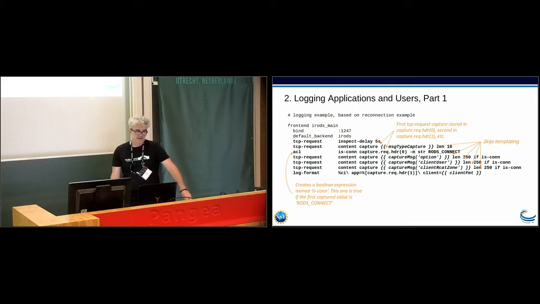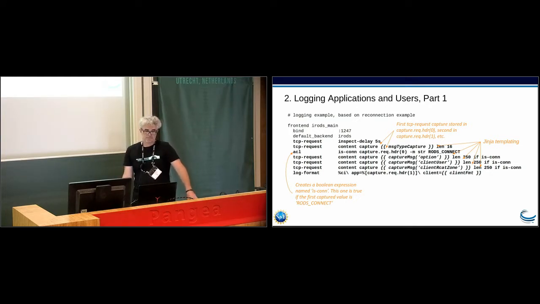So an ACL is a named Boolean expression that you can use to make decisions. This one we have is isCon. Basically, if the first capture contains the string rods connect, it evaluates to true.